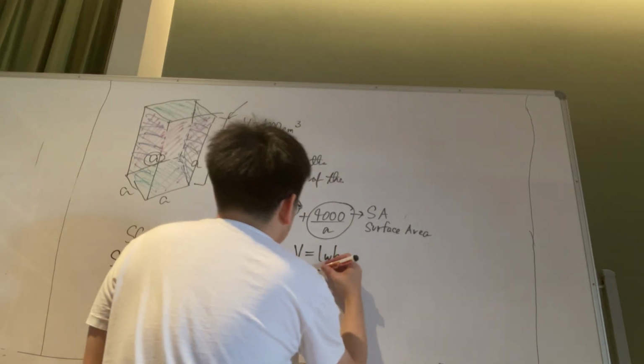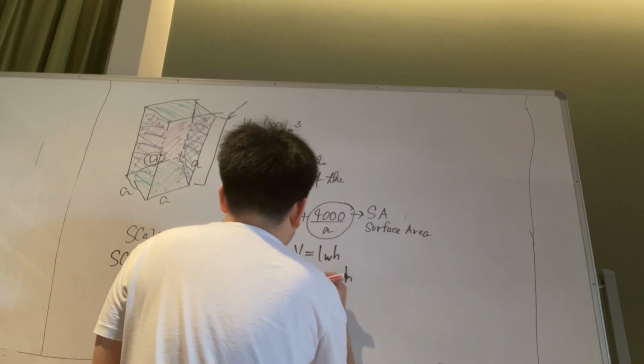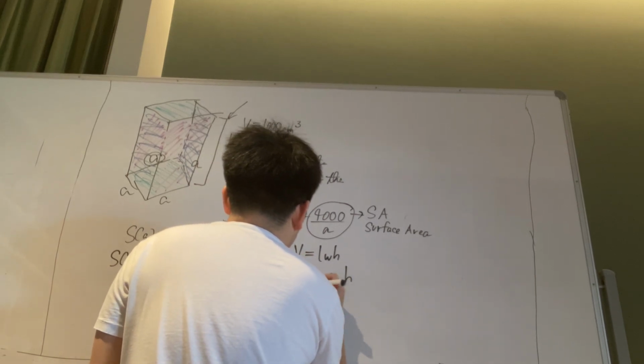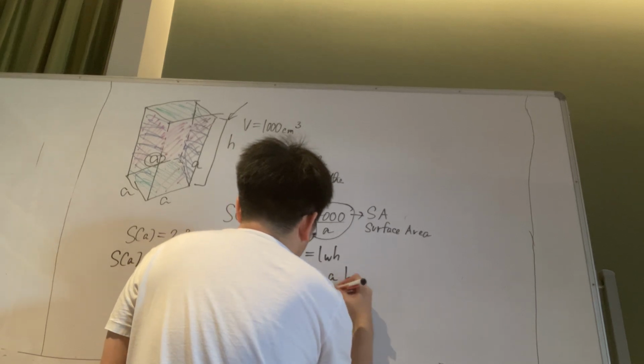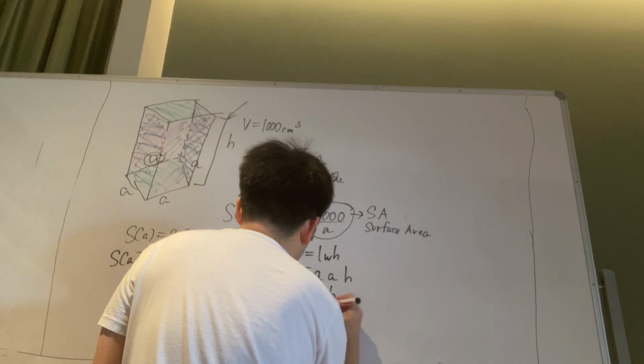That's basically A squared times H. So V equals A squared H, and then you just solve for H. So V over A squared equals H.